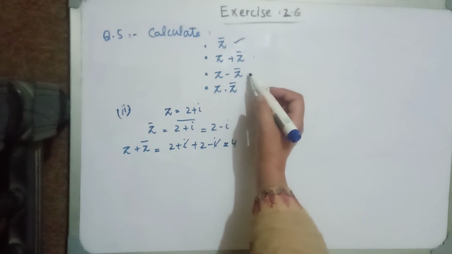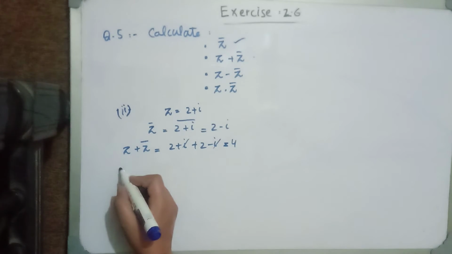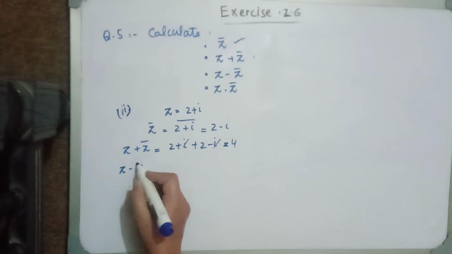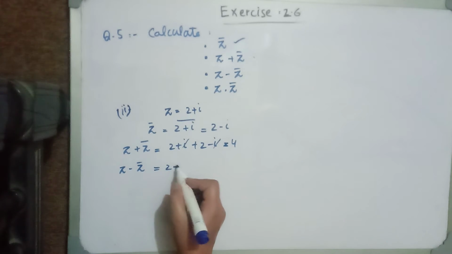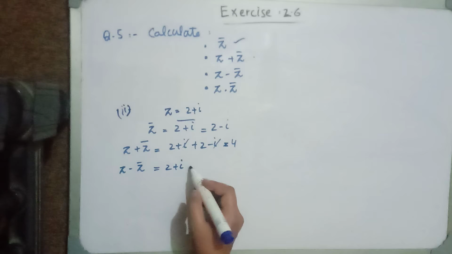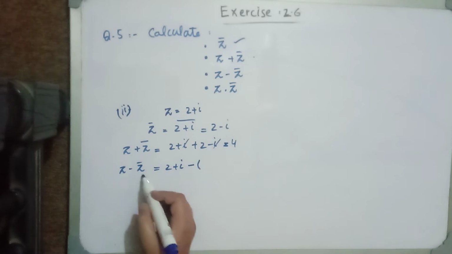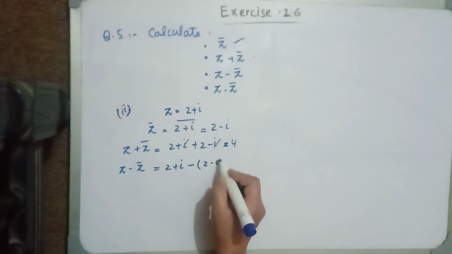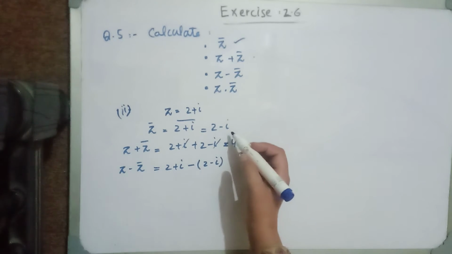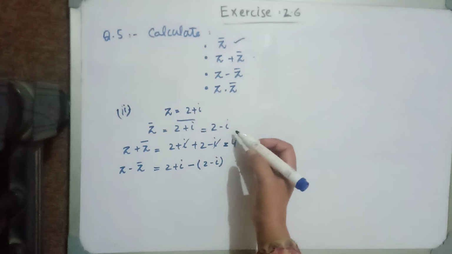Now the next thing we need to find is z minus z bar. Again I'm going to write z here, which is 2 plus iota, and then minus bracket z bar, which is 2 minus iota. This is the value of the conjugate of z, 2 minus iota, right?